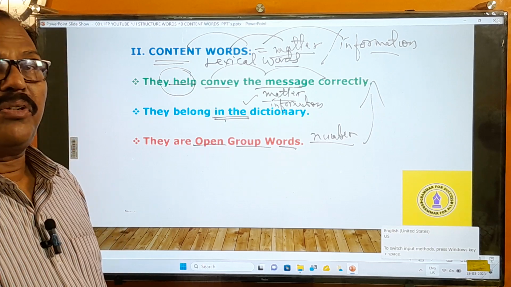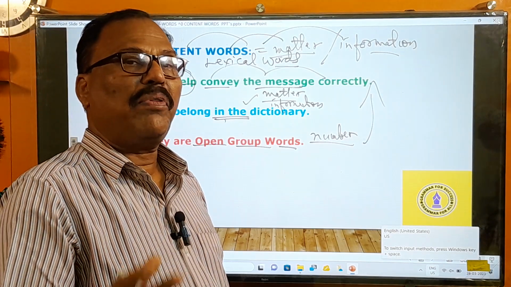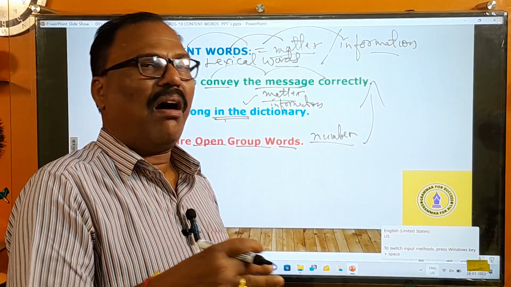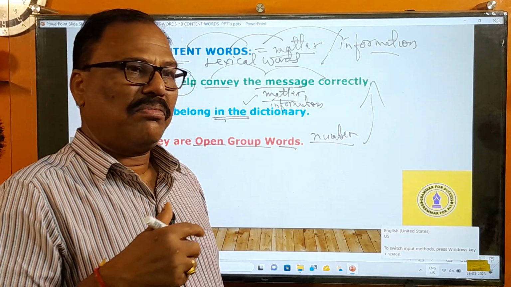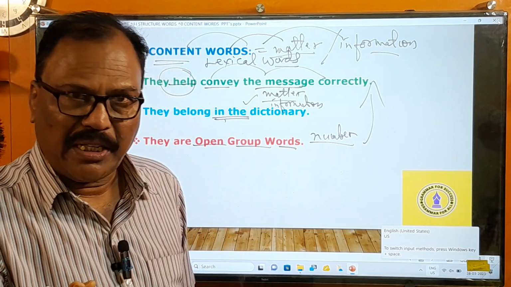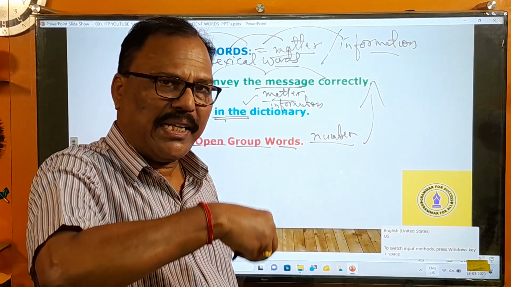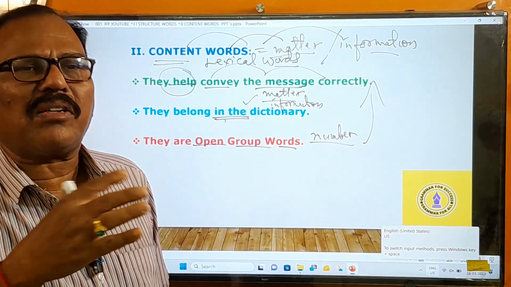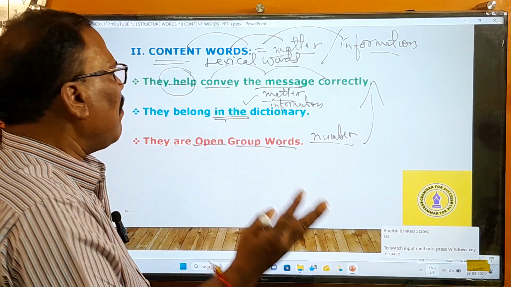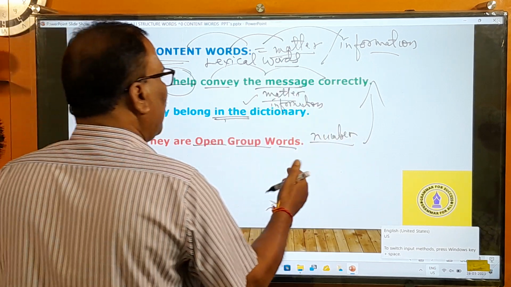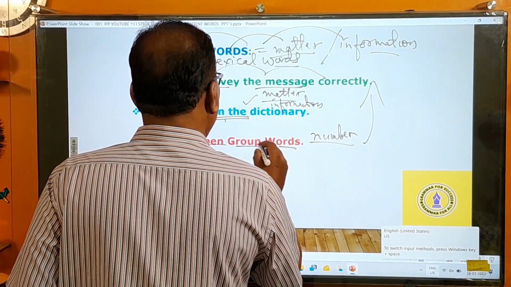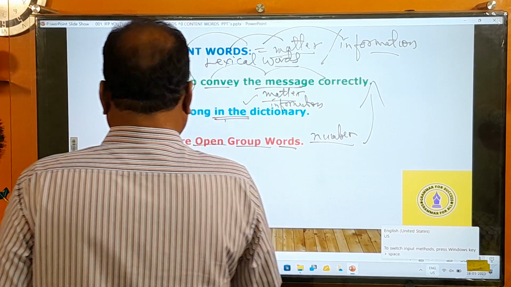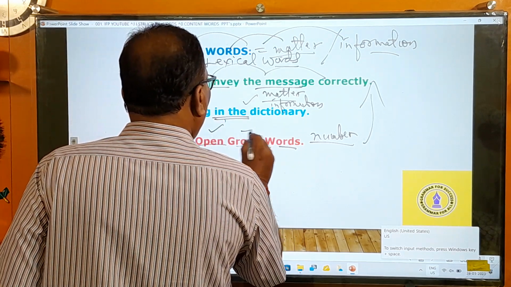For example, during the COVID period, Covipathy, Covicure, Covishield. From COVID-19, many words were coined. So when new words come into the market, they get joined to this group. Therefore, they are called open group words.